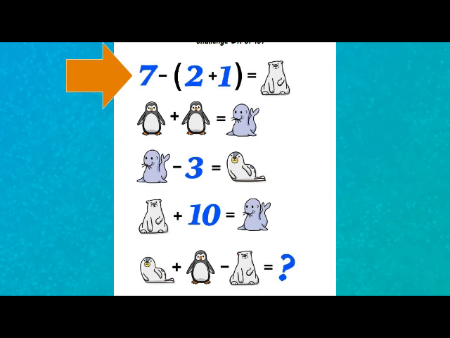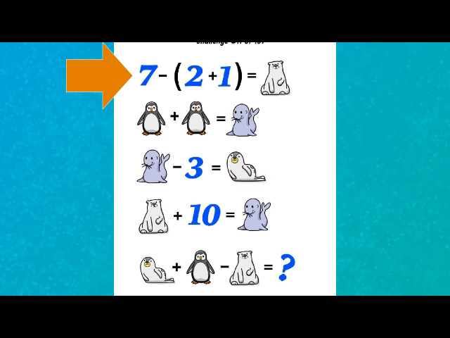And then I see penguin plus penguin equals seal. Seal minus 3 equals, that looks like an otter. And then polar bear plus 10 equals seal. And then otter plus penguin minus polar bear equals question mark.